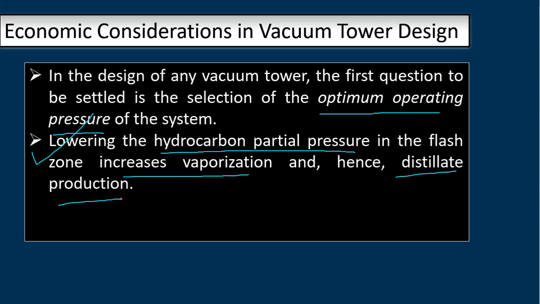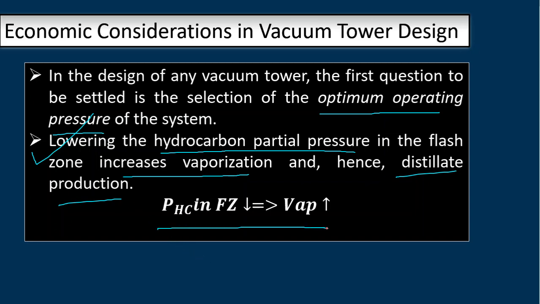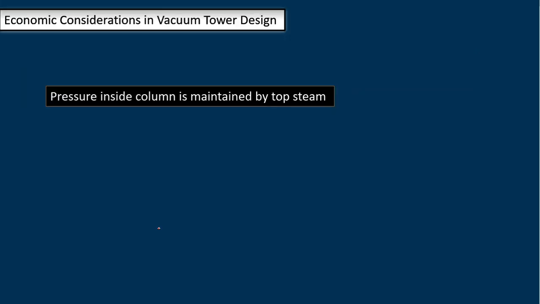So we have to maintain a very low pressure in the flash zone so that we can have the maximum amount of distillate in that flash zone. That is the important thing, that is our target. We have to think about the pressure in the system so that we have more and more vapor. That is our objective, to maximize the distillate production.